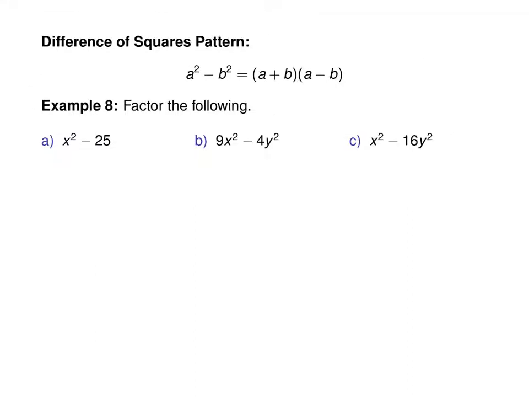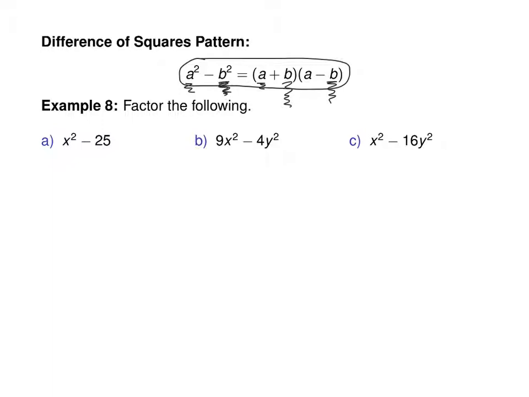Now factoring is all about recognizing patterns. And one pattern is called the difference of squares pattern. So it's when you have something squared minus something else squared, that factors into a plus b times a minus b. Notice that this number is the square root of your first term, and this number is the square root of your second term.